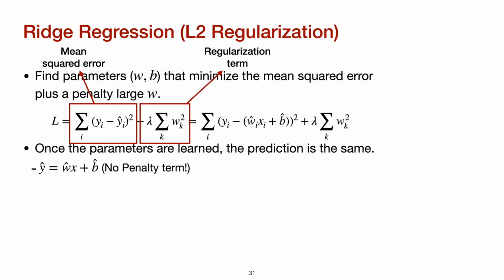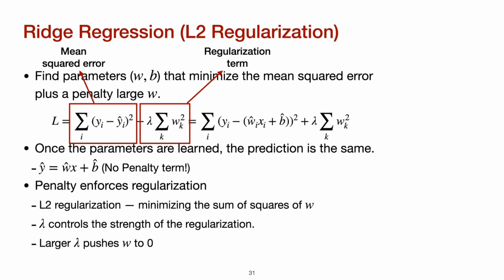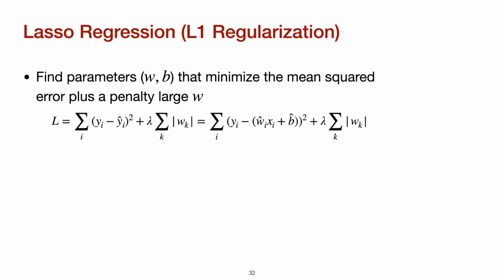So what we saw before in the original linear regression model is we have this Wx plus b with no penalty term. We can add in this lambda w squared, and the larger the value for lambda, the more we push our weights to 0. This is what's called L2 regularization. We can also do L1 regularization, where rather than adding a penalty term for the square of our weights, we add a penalty term for the sum of the magnitudes of our weights.